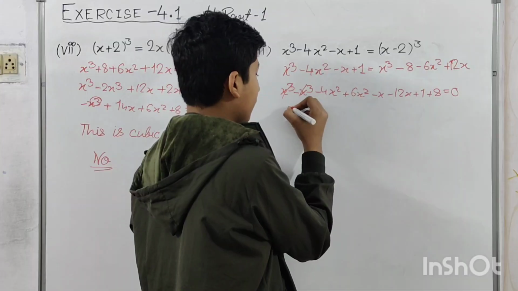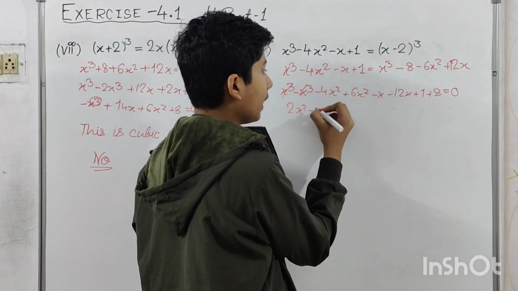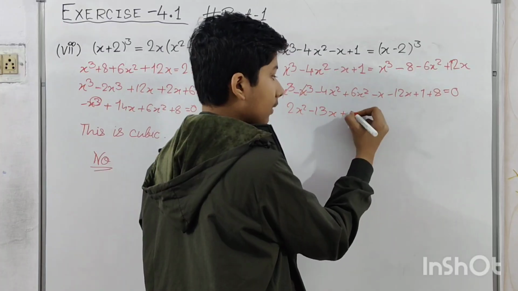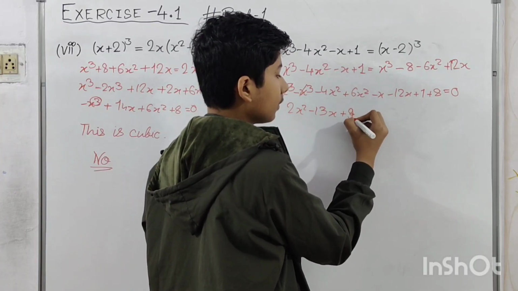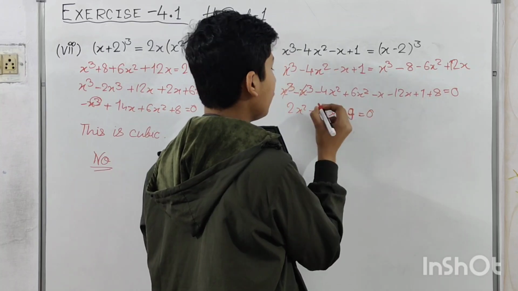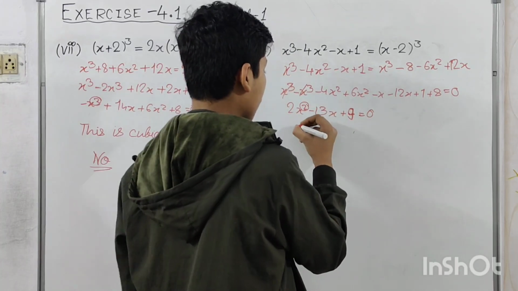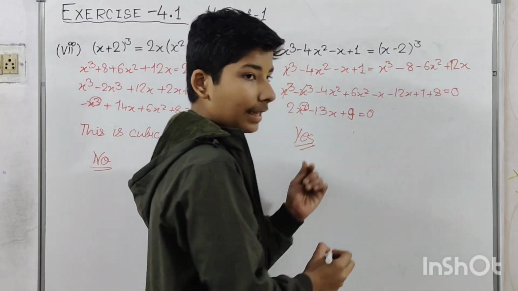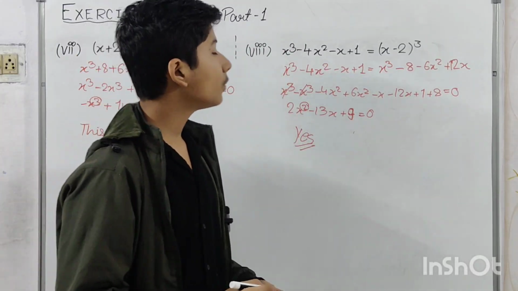Minus 4x square plus 6x square is 2x square, minus 13x plus 9 equal to 0. So when you see our degree is 2. So yes, this is a quadratic equation. I hope this is clear.